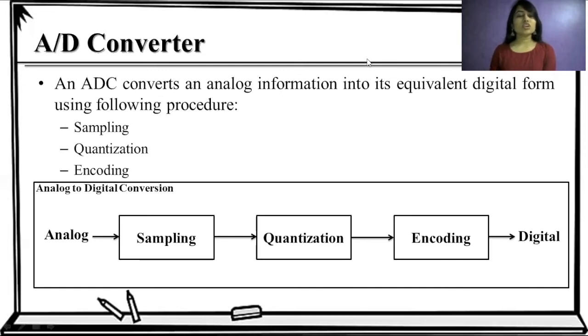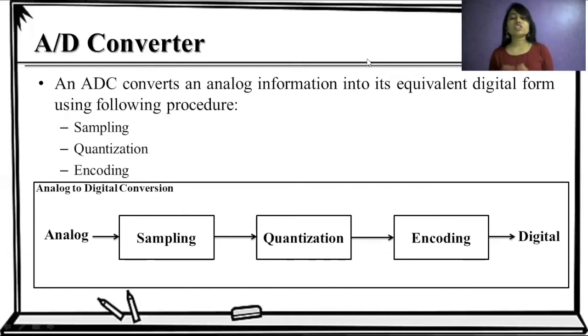Here, in this analog to digital conversion, we have analog information which goes to the first block, sampling, then another block, quantization, and the output of quantization is given to the encoding block. So we get digital information. Basically, sampling is a process to take a sample of analog information.